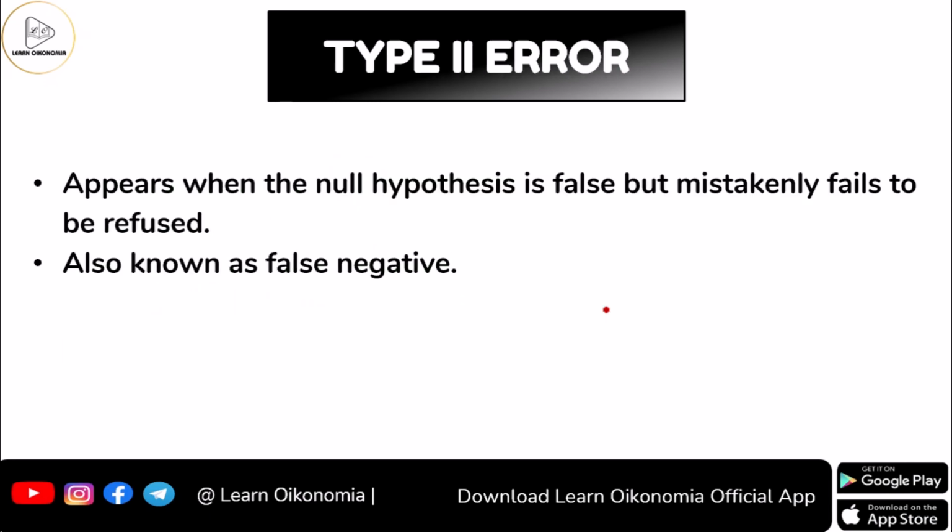Okay, now having said about the case of type 1 error, we are moving on to the type 2 error, and this would be coming when your null hypothesis is actually false, but you mistakenly failed to reject that, and that is why you consider it as false negative.